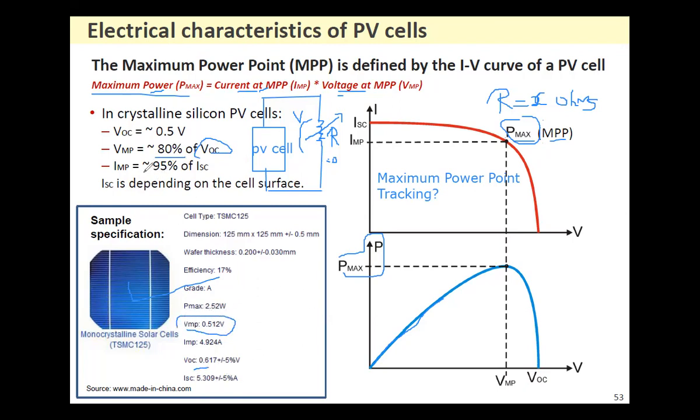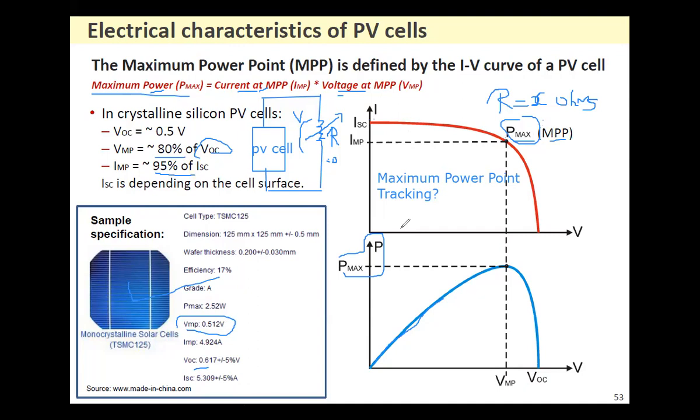Similarly, at the maximum power point, the current is around 95% of the I short circuit. So this is what is meant by VMP and IMP, that is, the voltage and current at the maximum power point. But this is at the standard test conditions, because this maximum power point doesn't stay at this point. It changes with the time of day.